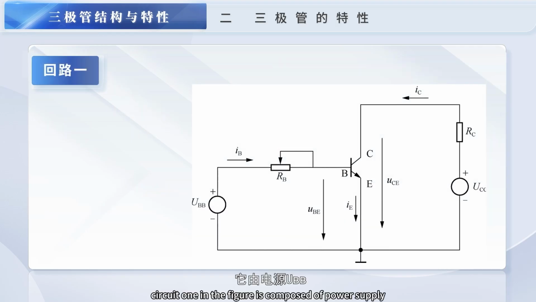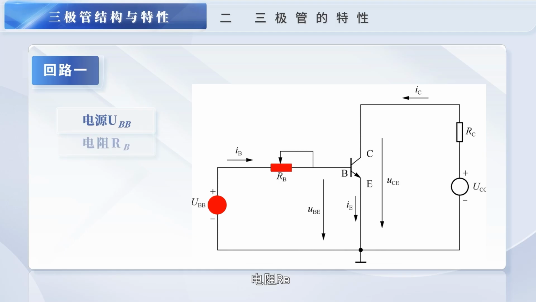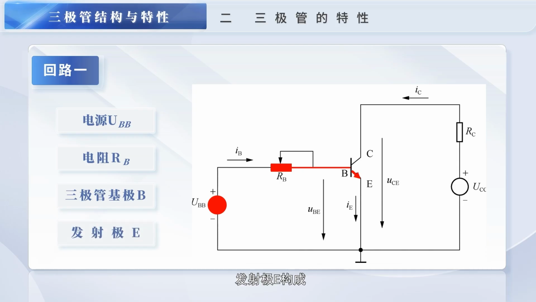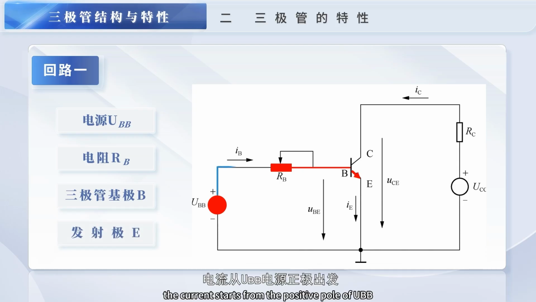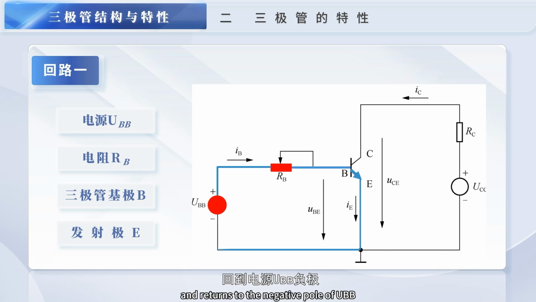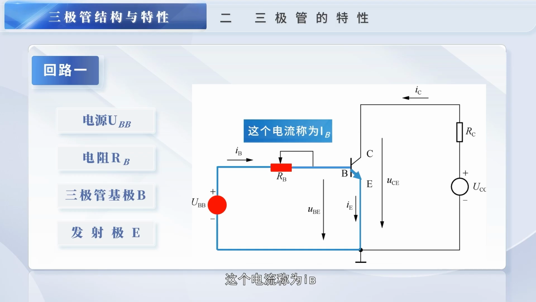Circuit 1 in the figure is composed of power supply UBB, resistor RB, triode base B, and emitter E. The current starts from the positive pole of UBB and enters the triode base through RB, and exits from the emitter E of the triode, and returns to the negative pole of UBB, forming a complete loop. This current is called IB.